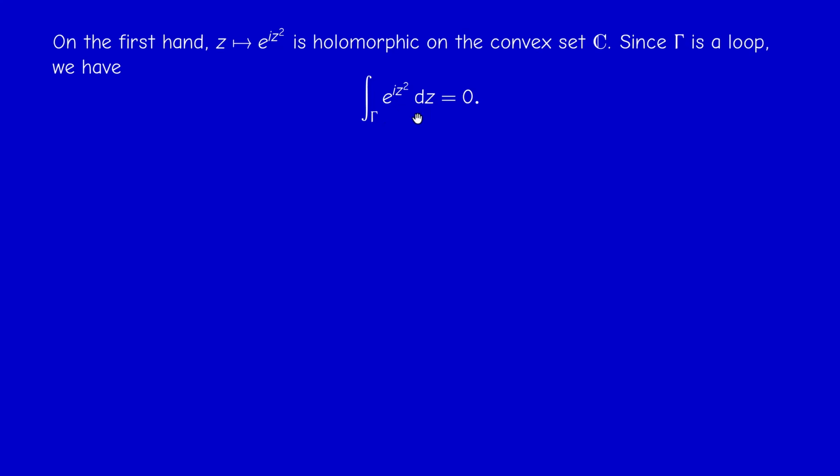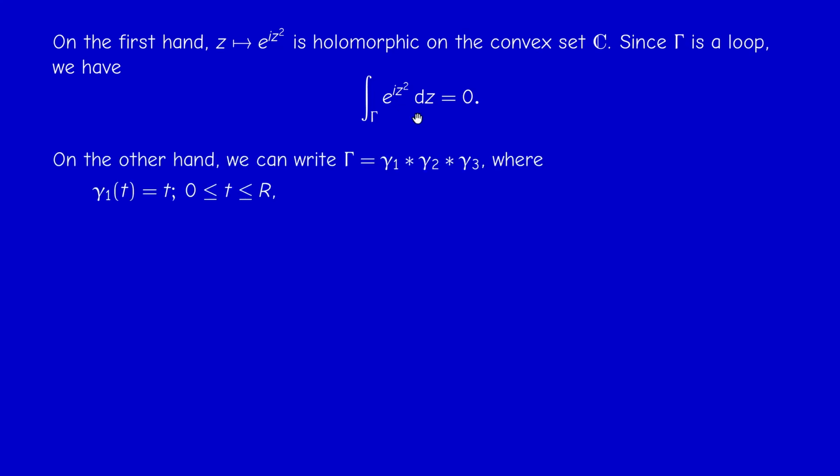Now let us try to estimate the integral along the curve. First, let's start with the first straight line segment. A straightforward parameterization would be gamma 1 of t equal t, t between 0 and r, so we are joining 0 to r. We need the derivative, so gamma 1 prime is 1.